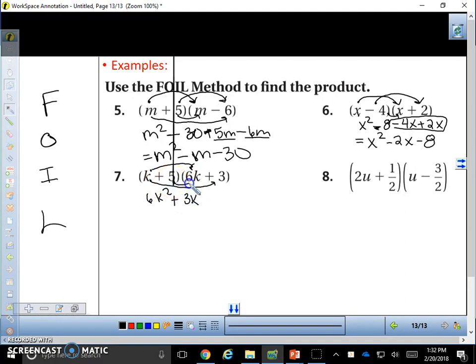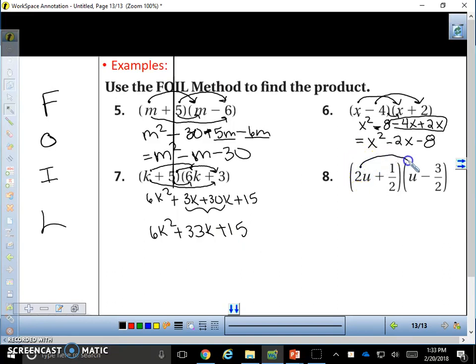Inner, 5 times 6k, 30k. Last, 5 times 3, 15. Sorry, I accidentally flip-flopped these in this one over here. That's okay because we got the same thing. Now we combine our like terms, and actually this turned out nicer: 6k squared plus 33k plus 15.